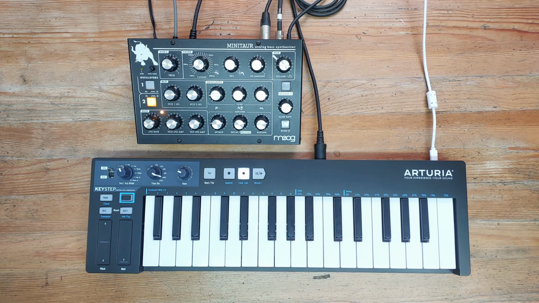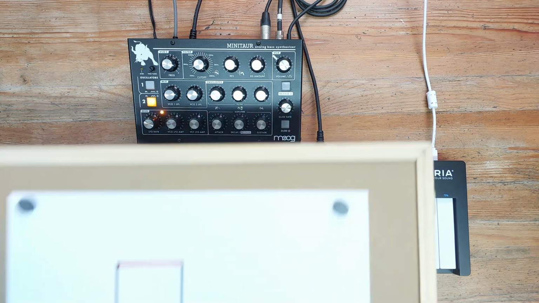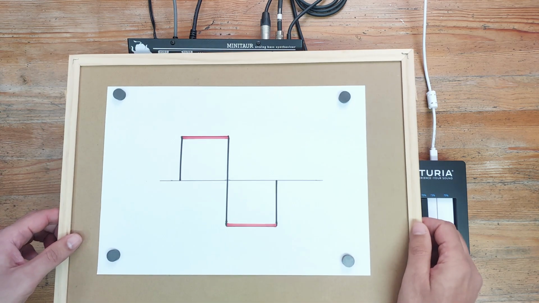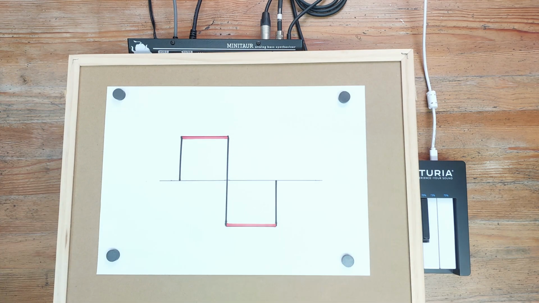And let's take a look at a square wave. We can see that in a square wave, 50% of the time the value is on one voltage, and the other 50% of the time on another voltage.